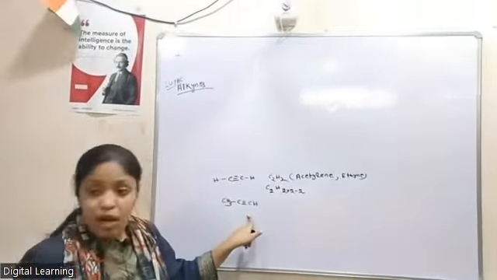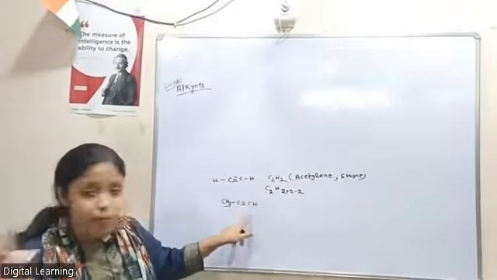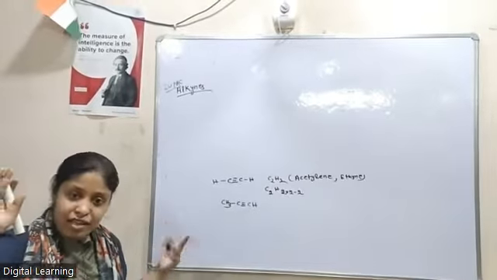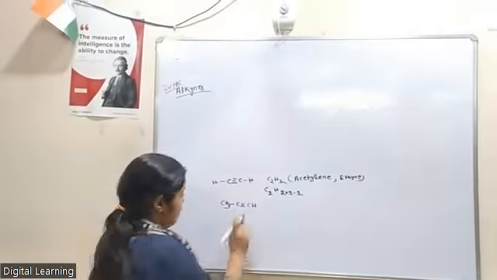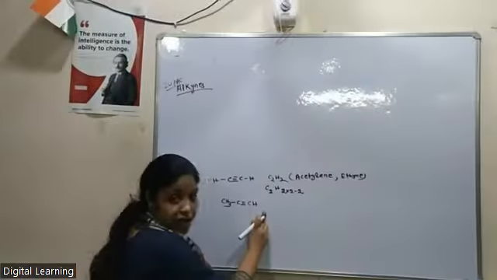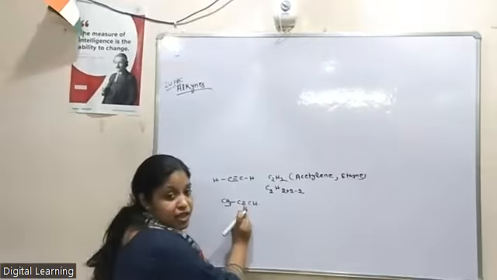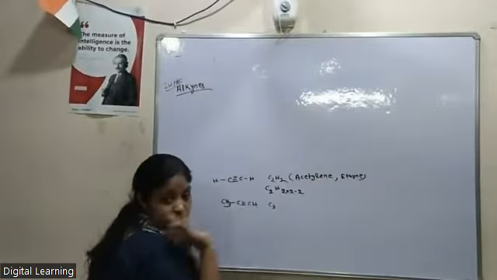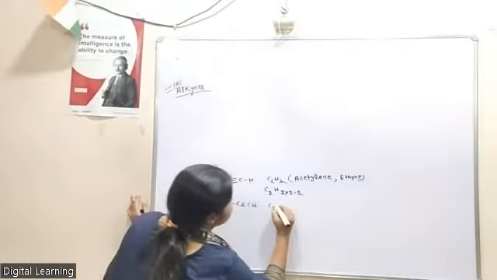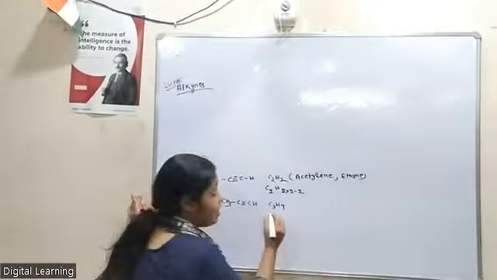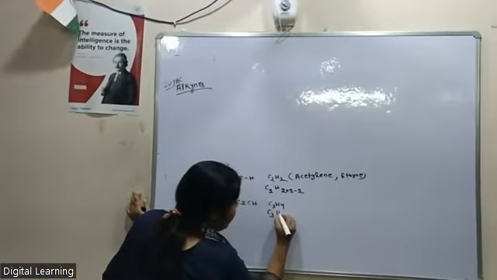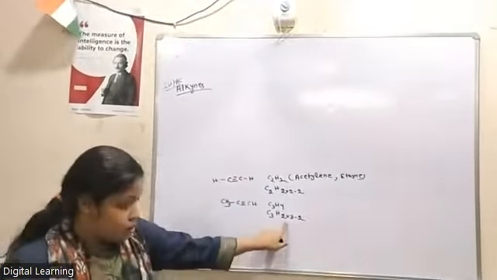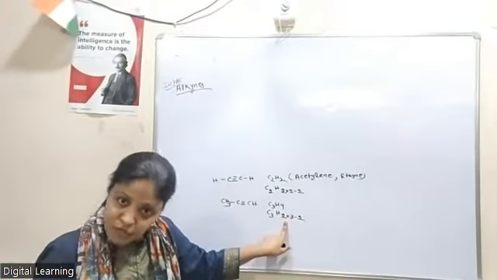Its name will be propyne, then butyne, pentyne, and that will continue. Here carbon is 3, hydrogen is 4. So we can write C3H, 2 into 3 minus 2. 2 into 3 is 6, minus 2 is 4.